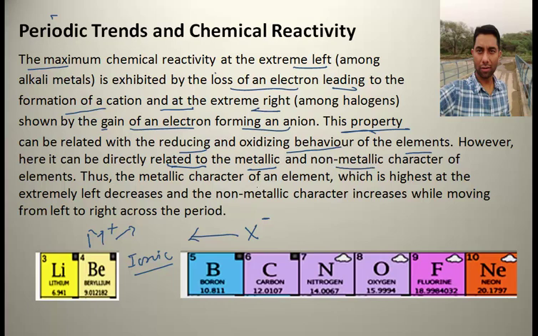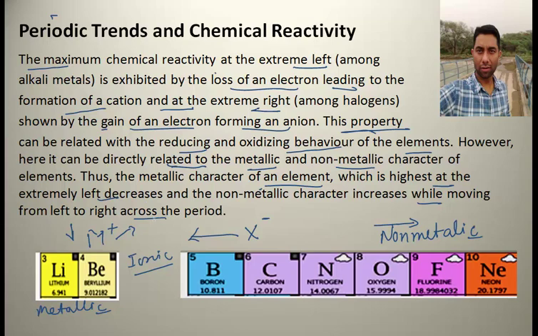The metallic character of an element is highest at the extreme left. These are highly metals, M. And non-metallic character increases on moving from left to right, that is, on the extreme right side non-metallic character goes on increasing, whereas on the extreme left side it will be metallic character. Now I think all these properties are clear to you.